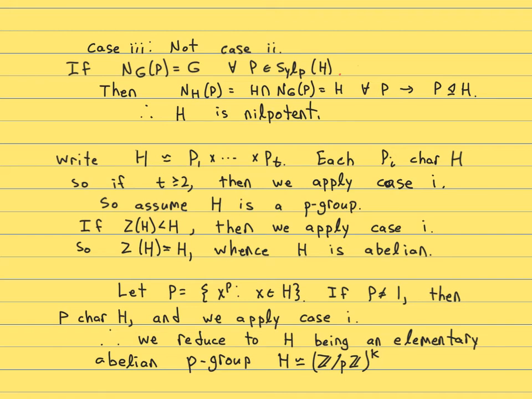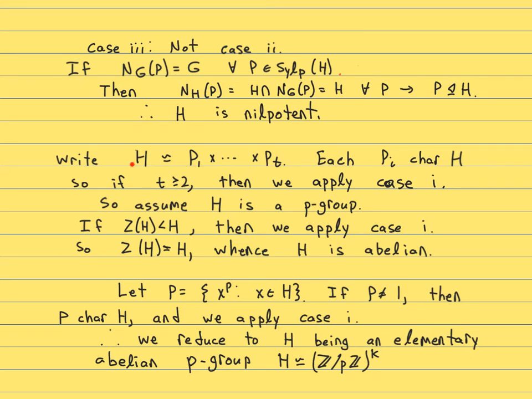And that's a property we had discussed when you discuss characteristic subgroups. If you have a unique subgroup of a given order, it has to be characteristic. So if T is at least 2, then there is a non-trivial characteristic subgroup, and we are back in case 1. So assume T is equal to 1. In other words, that H is a P group.